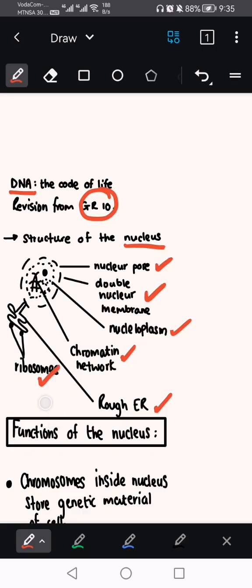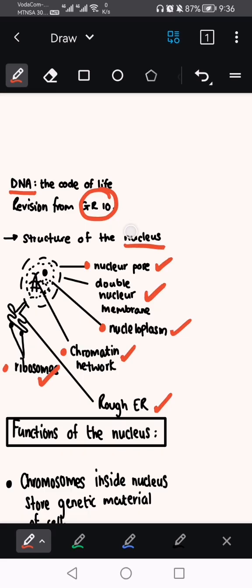But the important structures that we want to take note of here are your ribosomes, your chromatin network, your nucleoplasm, and your nucleopores. And these are all going to play various roles in later topics. For example, chromatin network will play a role in meiosis, which is the opposite of mitosis.